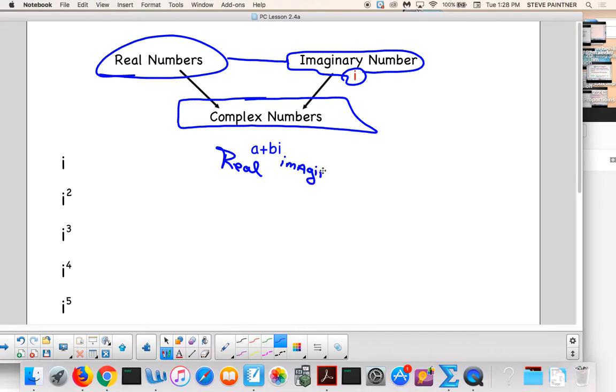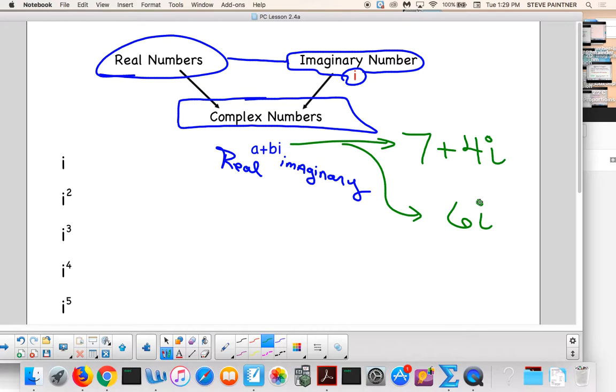imaginary part, okay? So an example. Here's an example. 7 plus 4i. You okay with that? That's a complex number. It's the real number 7 plus the imaginary part 4i. That's what they're going to look like. A lot of answers, okay? If you get just this answer, come down here, 6i.